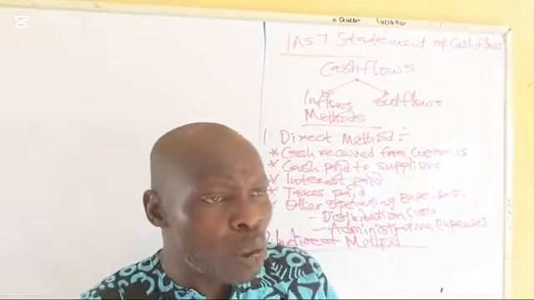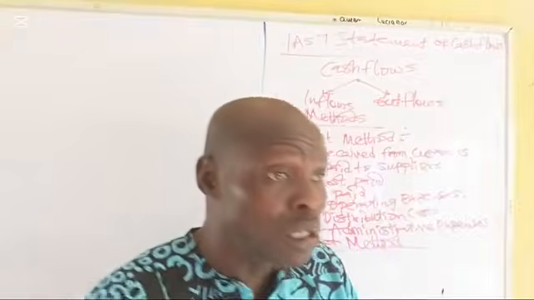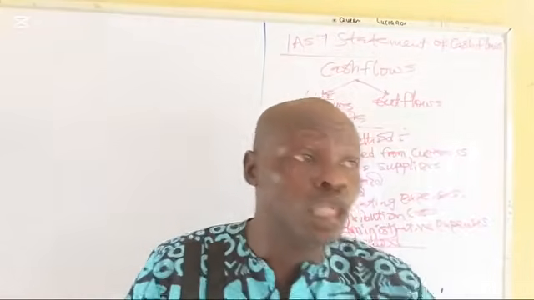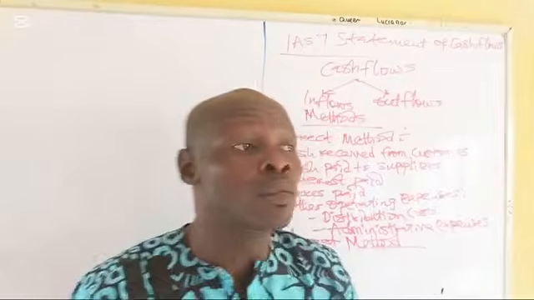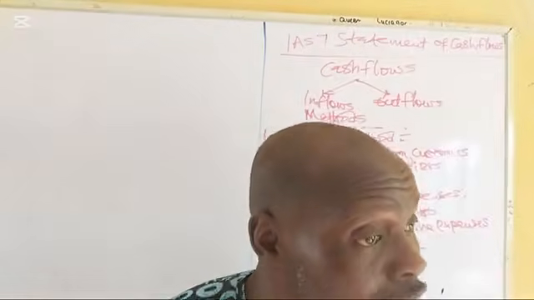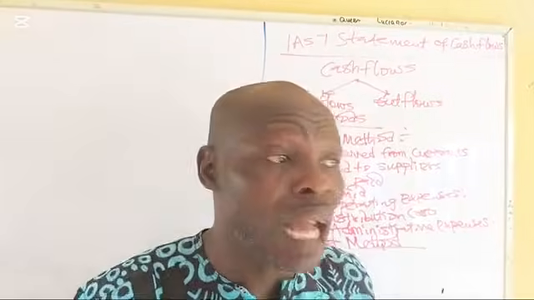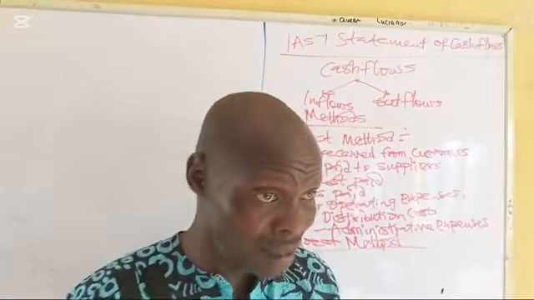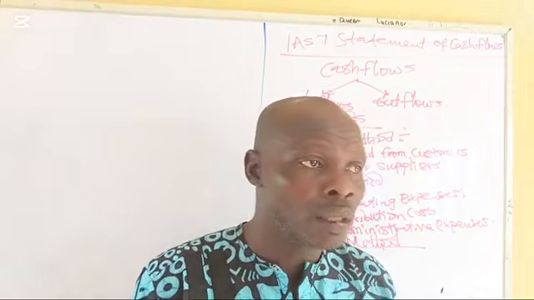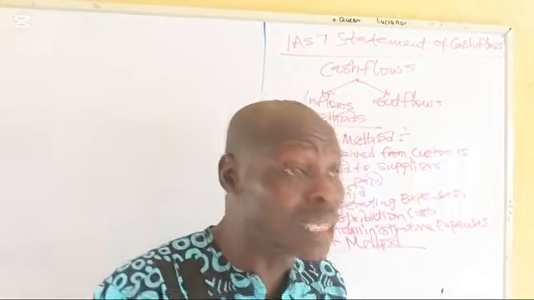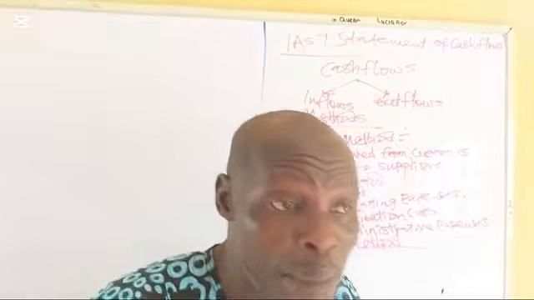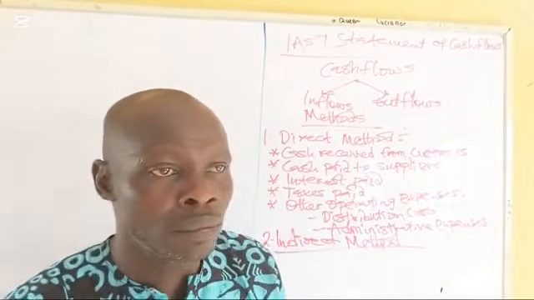Among them are the non-cash items. You can never have non-cash items in your cash book, because it is prepared on a cash basis. Anything that doesn't relate to cash will never appear in the cash book.